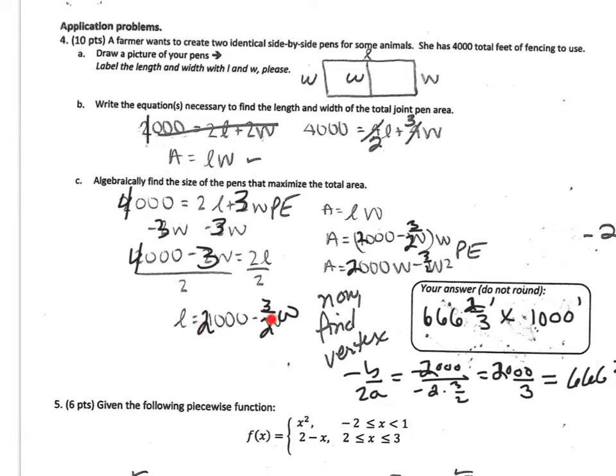And then after you solve it for L, you're going to substitute that into the area function for L to get a quadratic. This quadratic is facing down because it's -3/2. That means we're going to have a parabola that looks like this, and at the very top, we're going to have a maximum.